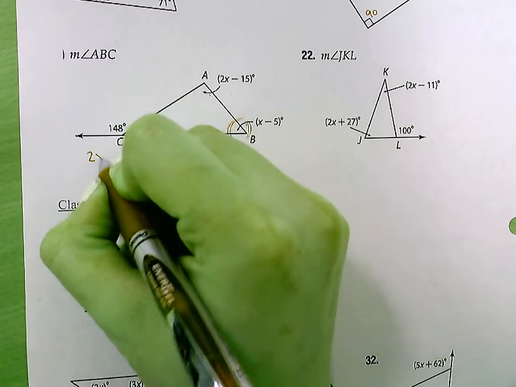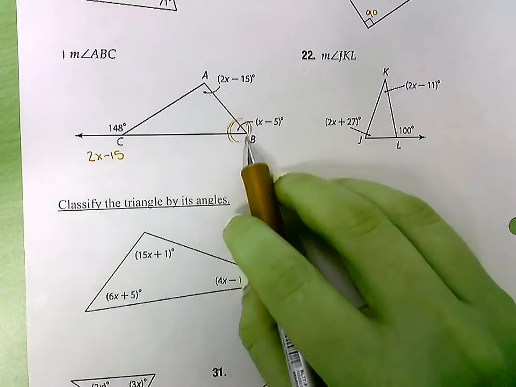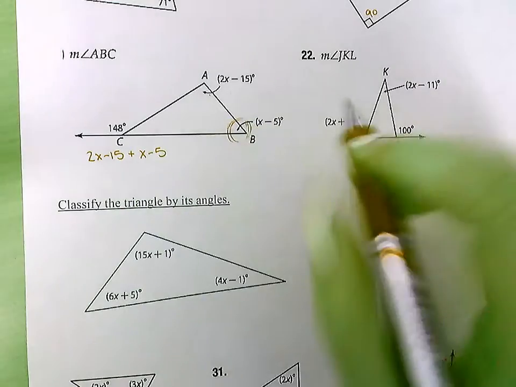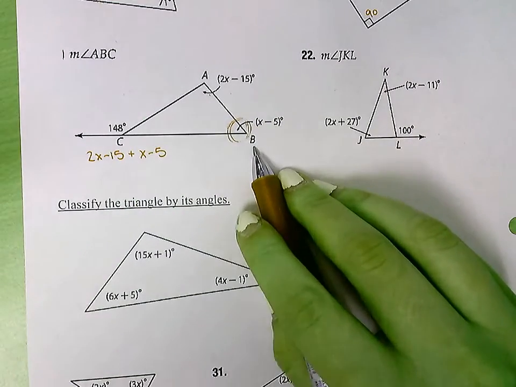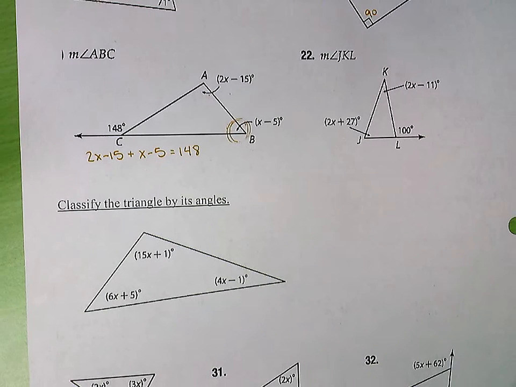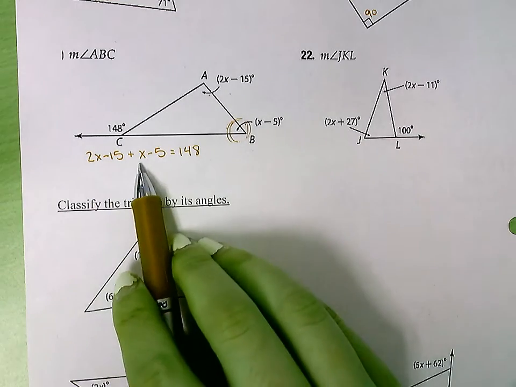So I can take 2x minus 15, which is angle A, add on x minus 5, which is angle B, and that should equal your exterior of 148. So you're adding those two remote interiors together. I just want to combine like terms here.